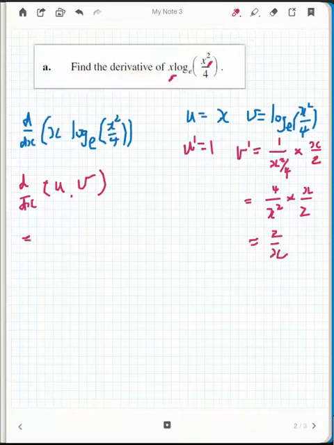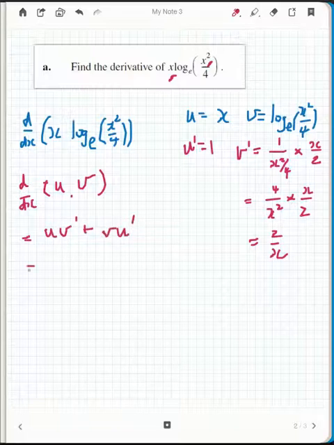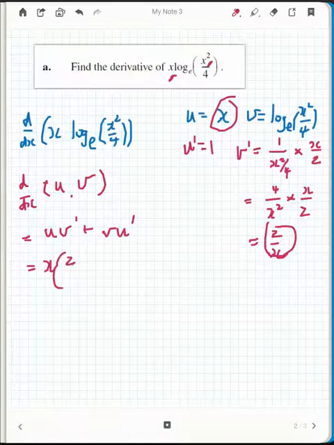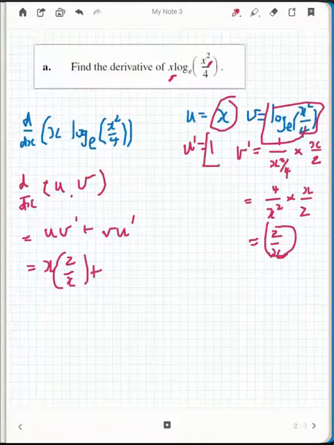Okay, so the derivative of this will be u times v dash plus v times u dash. U times v dash is x times 2 on x, plus v times u dash, which is plus log base e of x squared on 4.